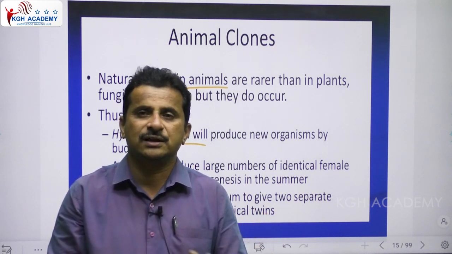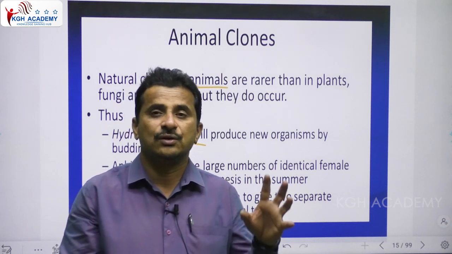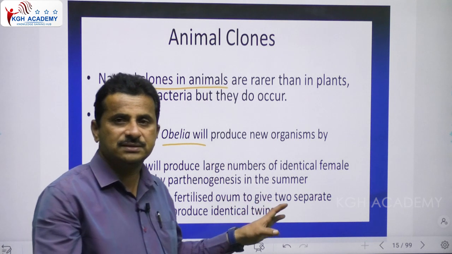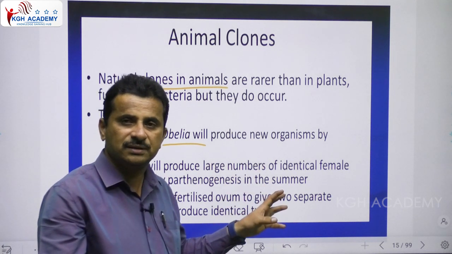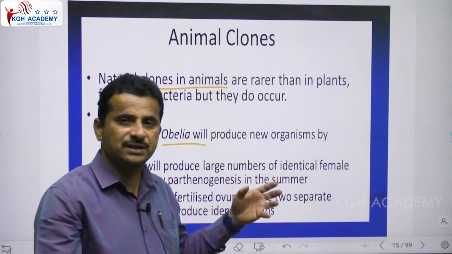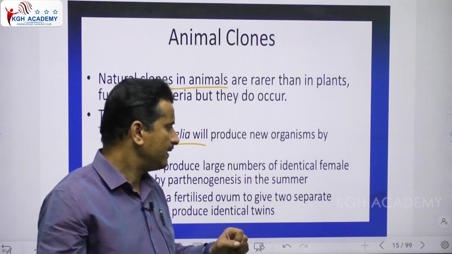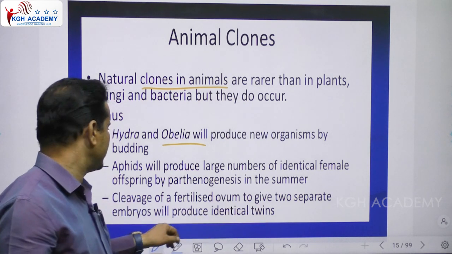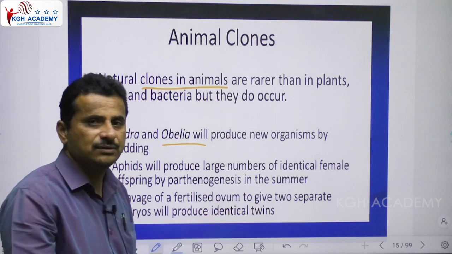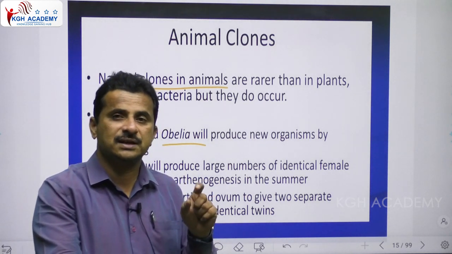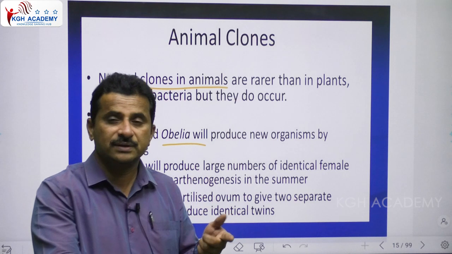Organisms develop directly. That's why cloning is asexual reproduction. Lower animals show asexual reproduction, that means they produce new organisms of the next generation through cloning. See, cleavage of a fertilized ovum to give two separate embryos produces identical twins. So indirectly, in humans, identical twins are also one type of cloning, natural cloning.